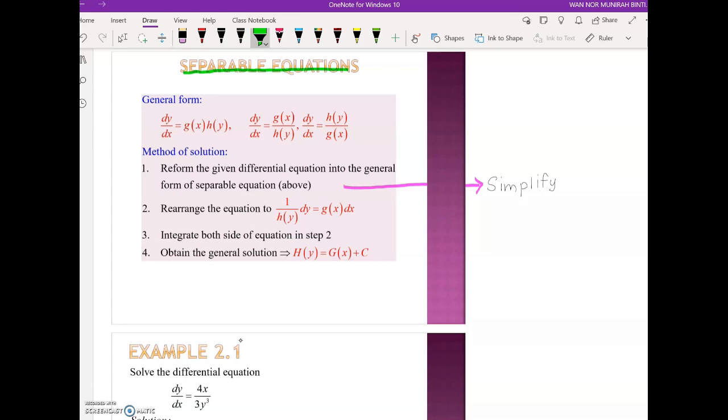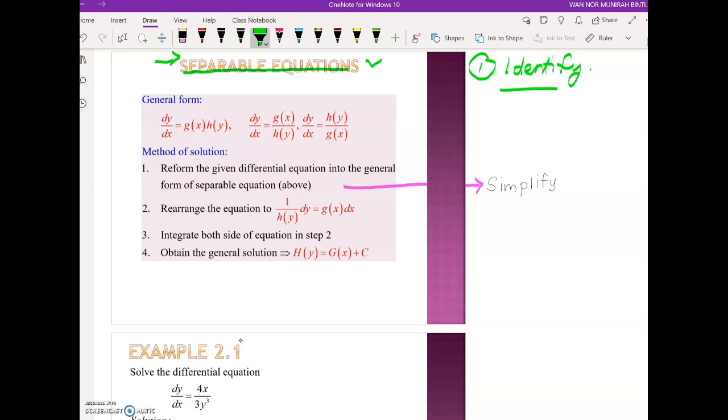When you just look at the equation, automatically in your mind you know, oh, I have a separable equation, oh, I have a homogeneous equation, oh, this is a linear equation, or oh, this is probably an exact equation. So the first step is you must be able to identify the type of equation.